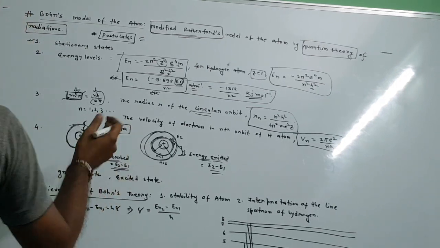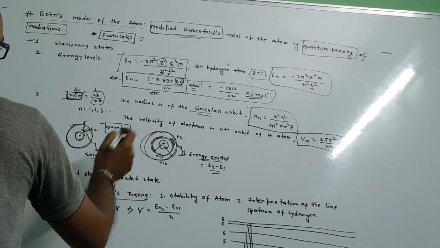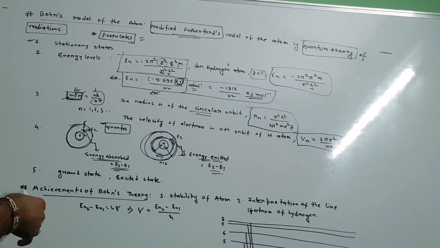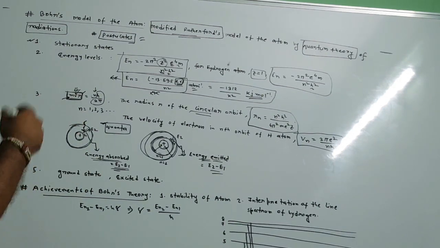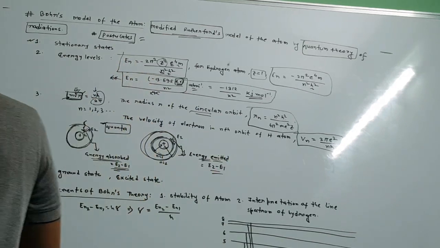All the energy absorbed and released is one quantum, known as one packet. One packet or two packets of energy is absorbed, or one packet or two packets of energy is released. These are quanta.